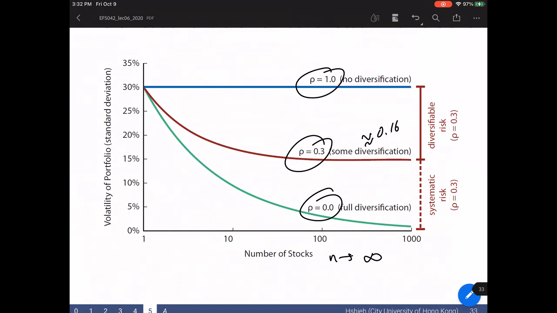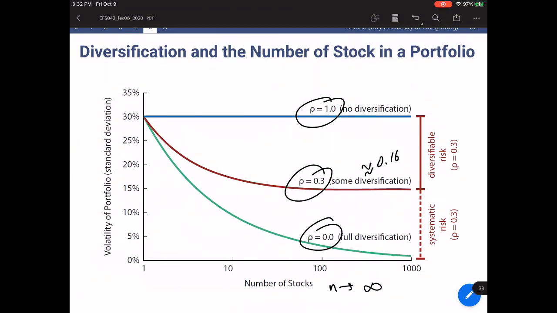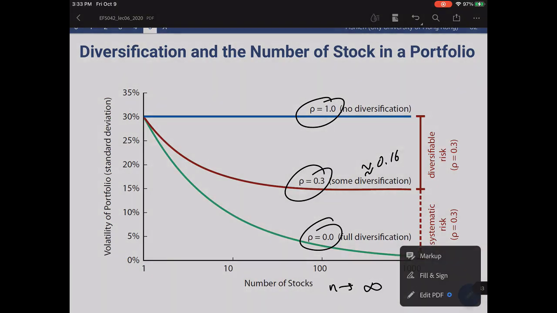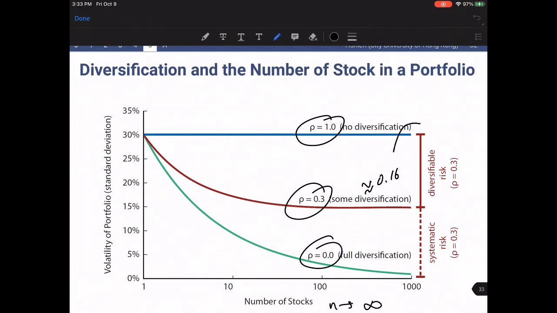Okay, so this, again, is just demonstrating that there is a limit to your diversification depending on the correlation structure between your stocks. Okay, so in the case in which all stocks have a correlation coefficient of 0.3, you'll see that you can diversify away a certain amount, right, by adding stocks into your portfolio, but you can't eliminate anything beyond this without changing the correlation structure.